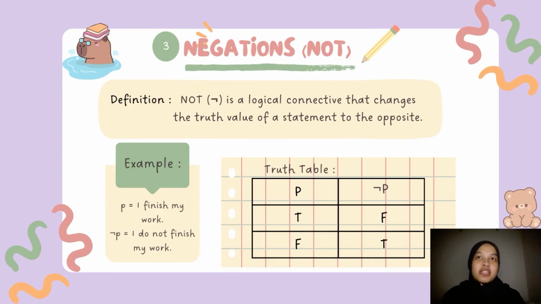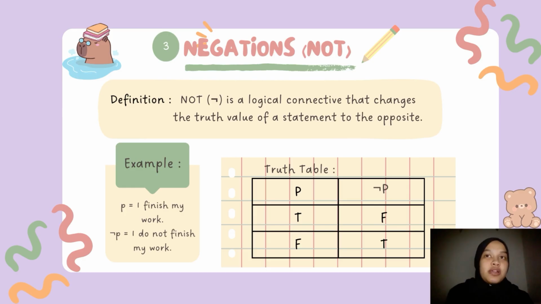Hi, my name is Sharifa Aisha. Now I will explain the third logical connective, which is NOT. The NOT connective is used to change the truth value of a statement into its opposite. In other words, if the original statement is true, the NOT statement becomes false. If the original statement is false, the NOT statement becomes true. For example, let P represent I finish my work, then not P means I do not finish my work.